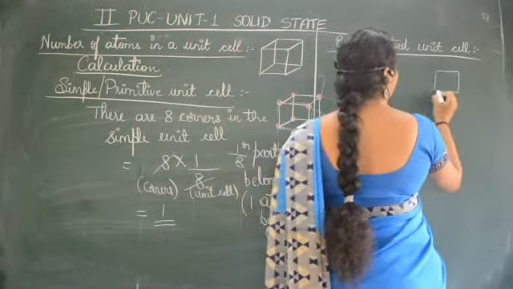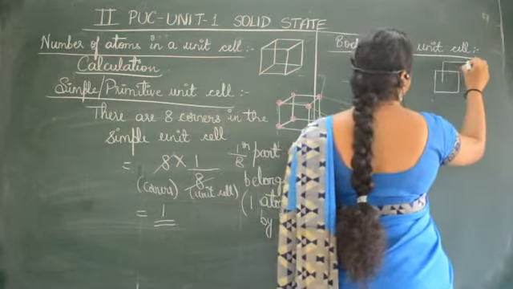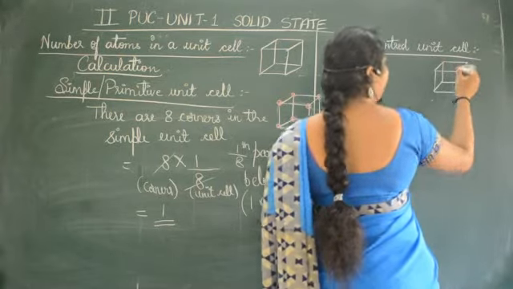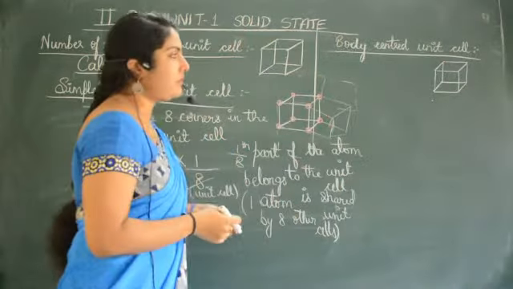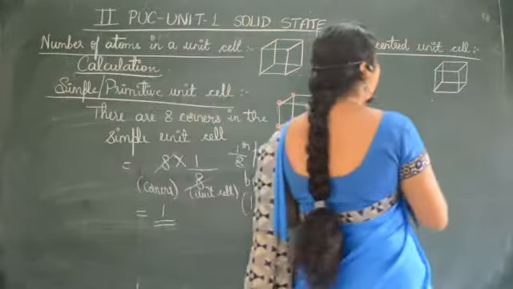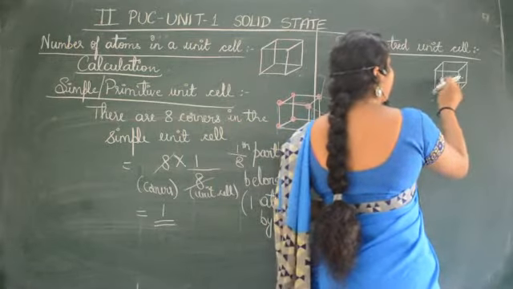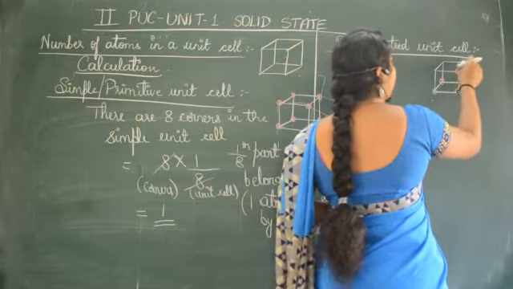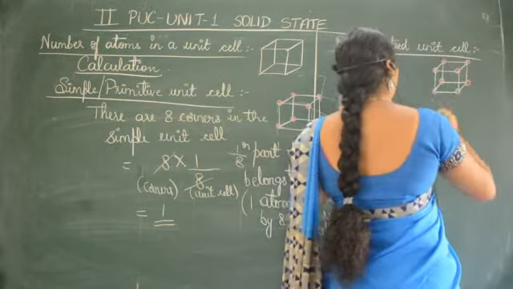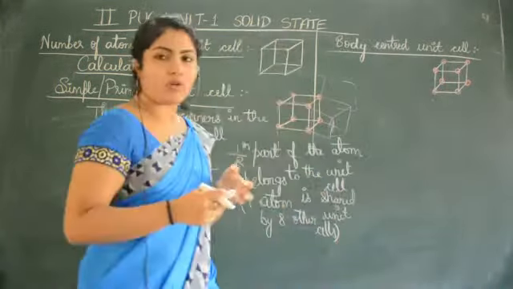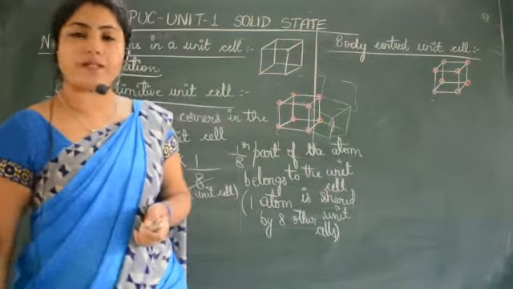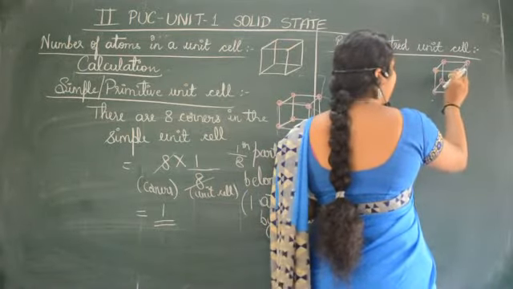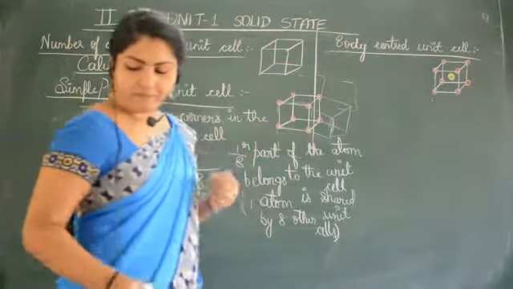Whenever you are asked to calculate, please do draw the diagram of it so that your presentation will be better. Now this is a simple unit cell. All the 8 corners have atoms. What do you mean by body-centered unit cell? Body-centered unit cell means along with the atoms in the 8 corners, one atom is present at the center of the body. See the body-centered atom, I'm indicating with another color, yellow, here.